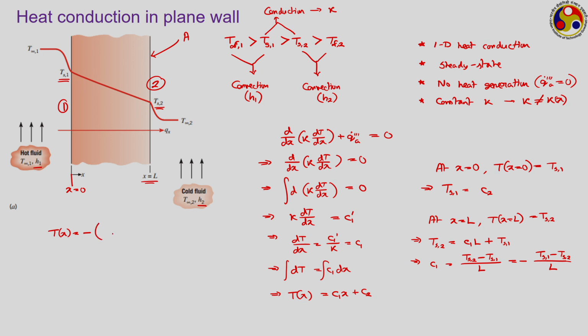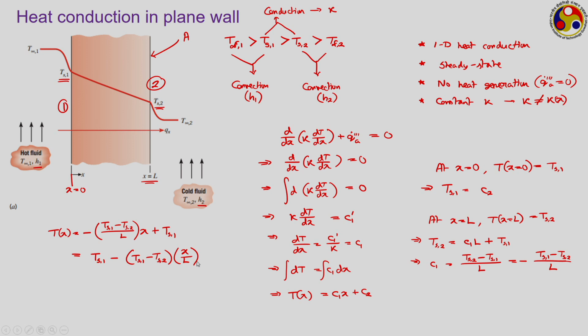So, C1 is minus of Ts1 minus Ts2 upon L into x plus C2 is Ts1, and there are several ways this can be rearranged, but probably it is better to express this as Ts1 minus Ts1 minus Ts2 into x upon L.